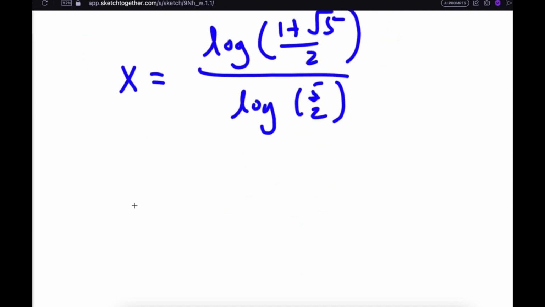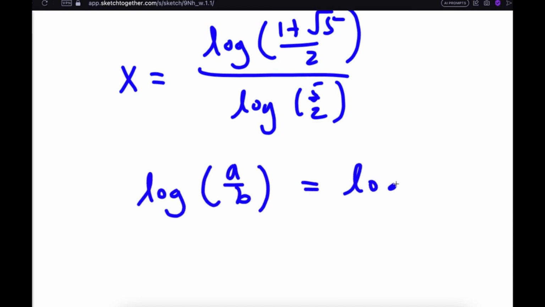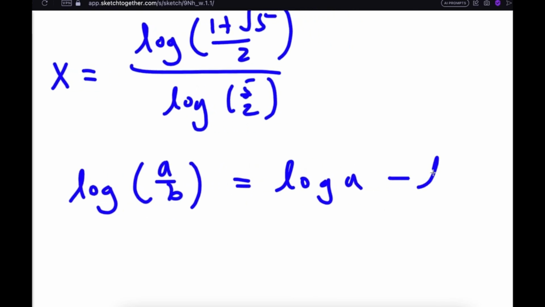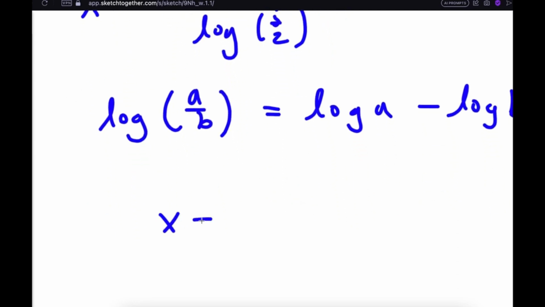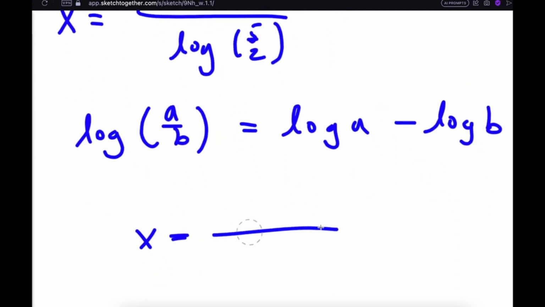Now if I have something in the form log of a over b, this is equal to log a minus log b. So log 5/2 is equal to log 5 minus log 2.